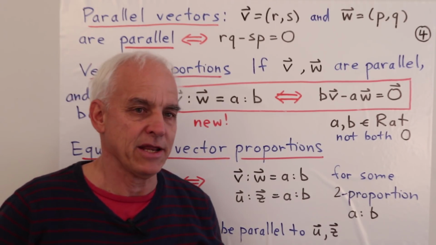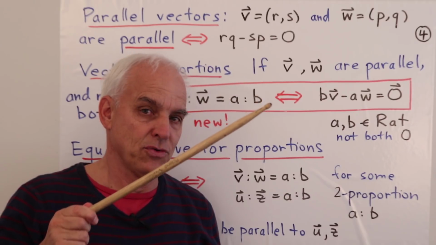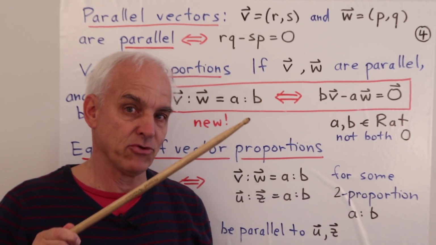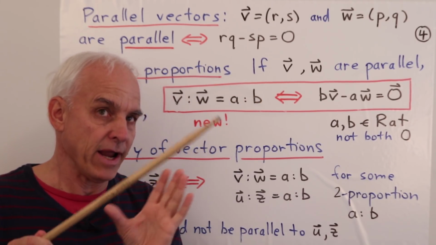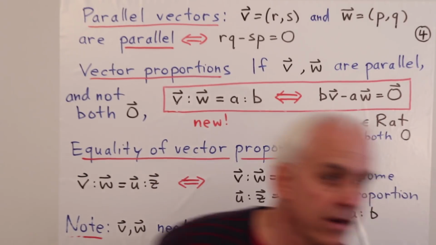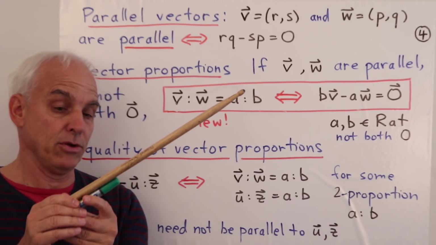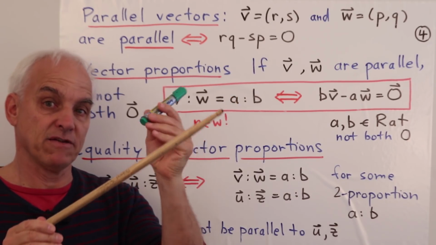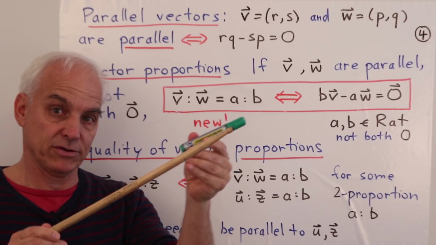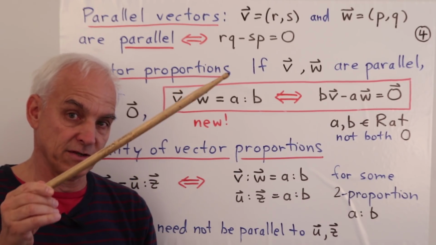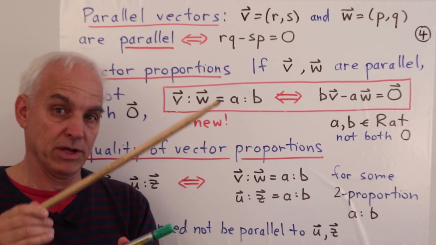So what we're getting at here is the idea that we could have two vectors in the same direction and we can compare their extents. For example, let's say here's one vector, v, and here's another vector, w, okay? And maybe three of these vectors make up one of these vectors. So this is v, this is w, 3 times w equals v.